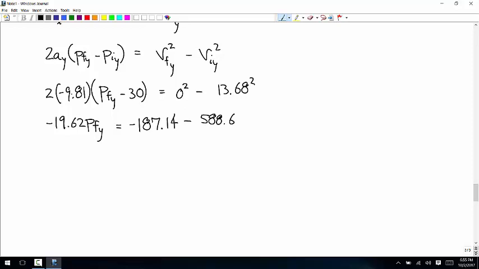So we have negative 19.62 times negative 30 gives you a positive, I think that's 588.6, and then subtract it from both sides. Yeah, okay. And so then what's PFY?